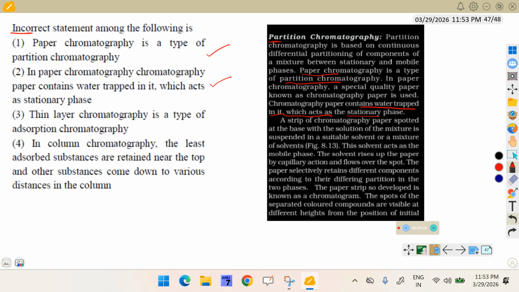Thin layer chromatography is a type of adsorption chromatography. Correct. In column chromatography, the least adsorbed substances are retained near the top and other substances come down to various distances in the column. This is incorrect. Not least, more adsorbed substances are retained near to the top. Other substances come down to various distances in the column.